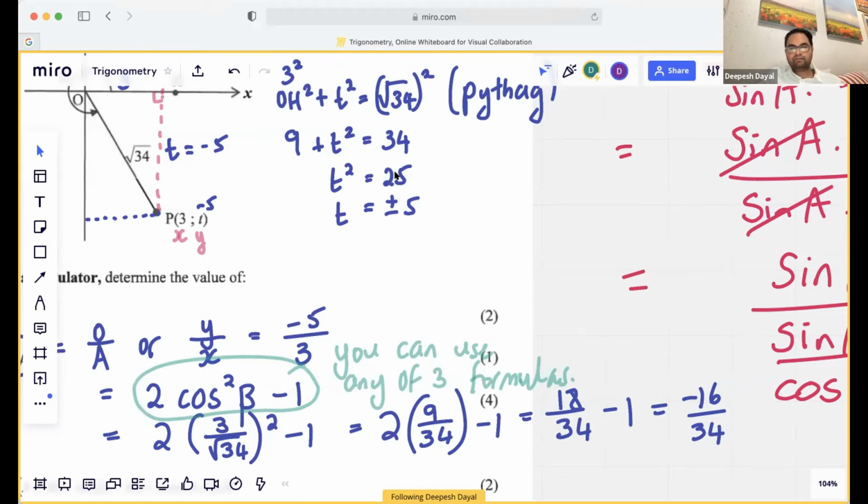Okay. So it is minus 16 over 34 or minus 8 over 17. Okay. Any questions regarding this one?